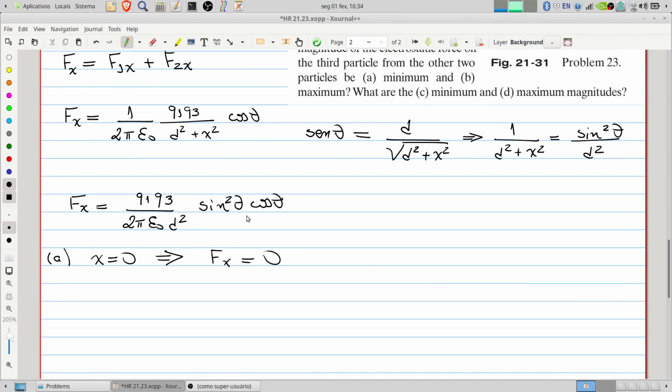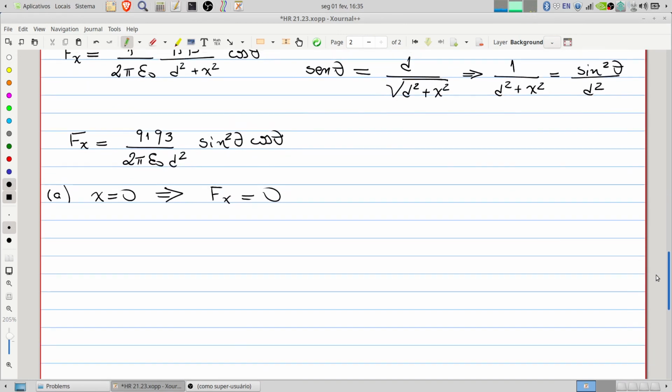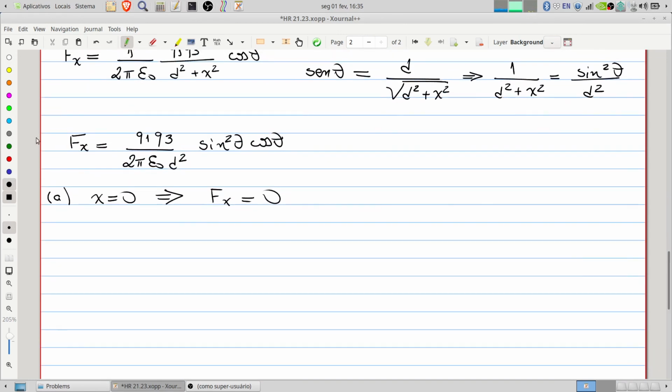So it's a consequence of this equation also, but it's not necessary to have this equation to find that when charge 3 is here, the force will be 0. It's a consequence of the symmetry of the problem also. But we can look at this equation also to confirm this. When theta equals 0, we have here 0, here 1, and this will be 0.